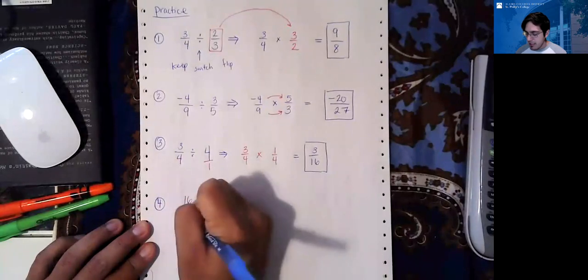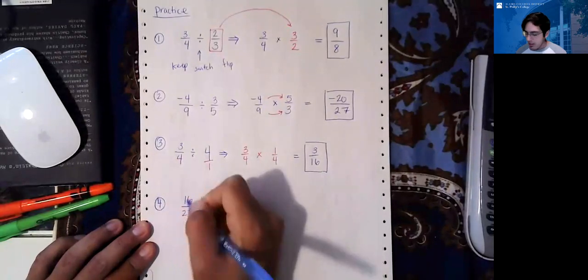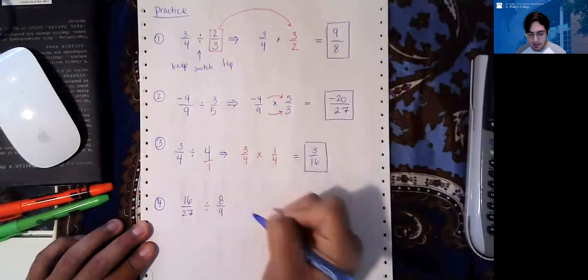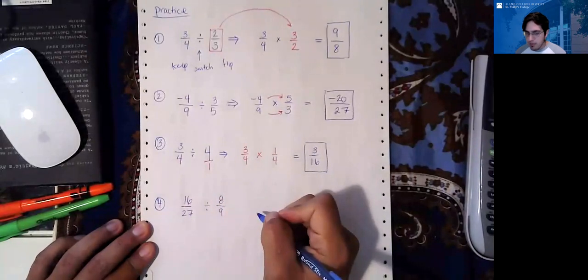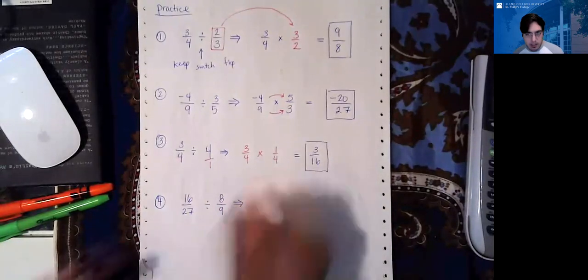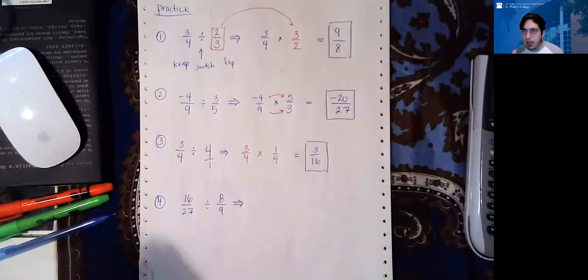Okay, 16/27 divided by 8/9. Well, we can just jump in and continue. We're just dividing fractions, right? So you have to be mindful of what operation we're doing, and that will tell you what rules you are doing.